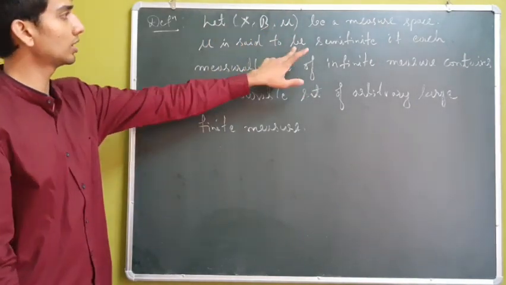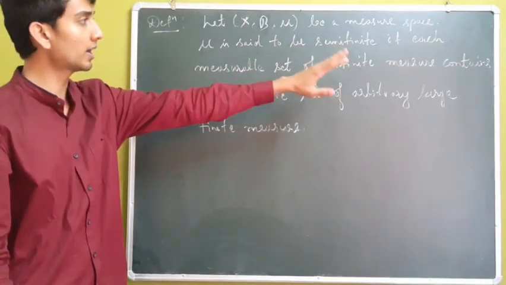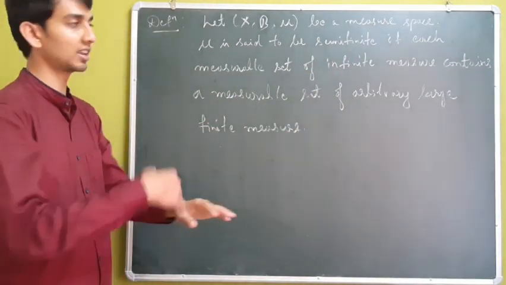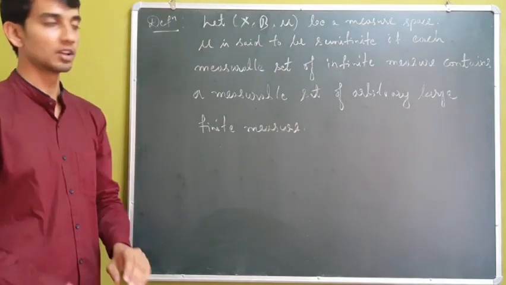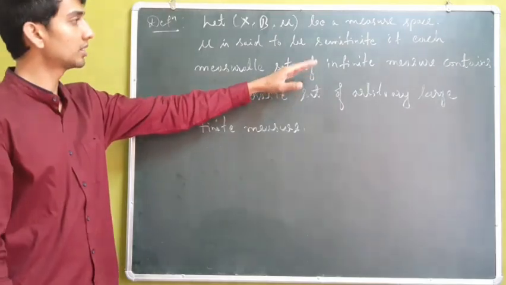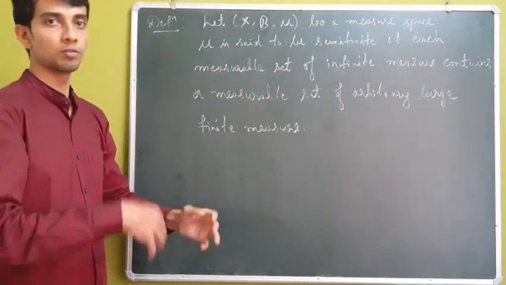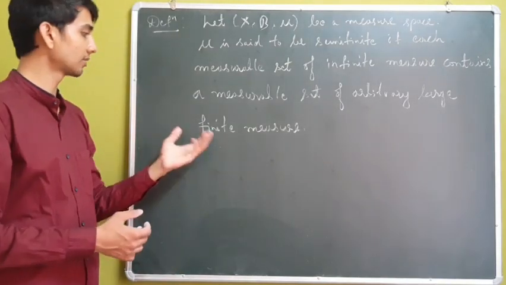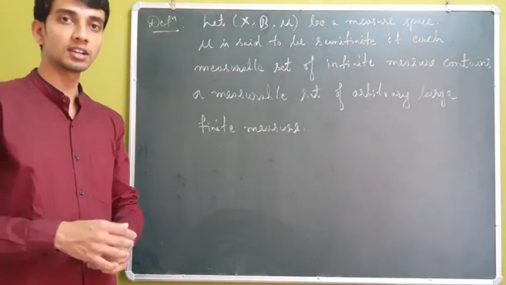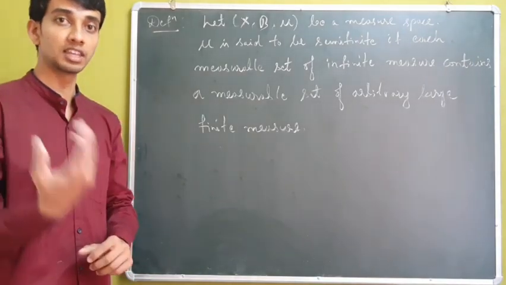Then mu is said to be semi-finite if each measurable set of infinite measure contains a measurable set of arbitrarily large finite measure. So this is semi-finiteness. Note that the notion of semi-finite is weaker than the notion of sigma finiteness.